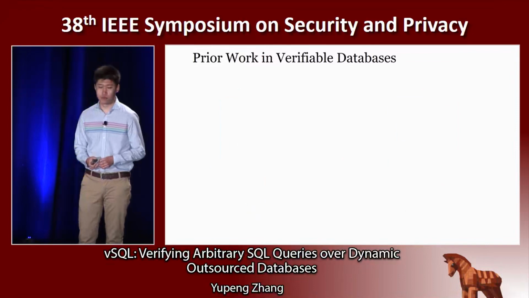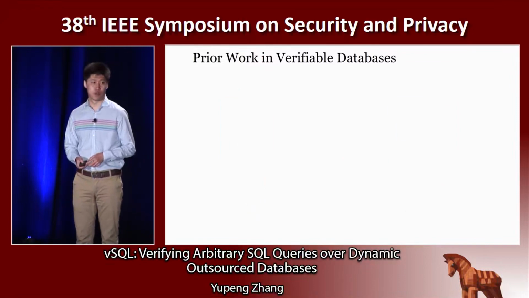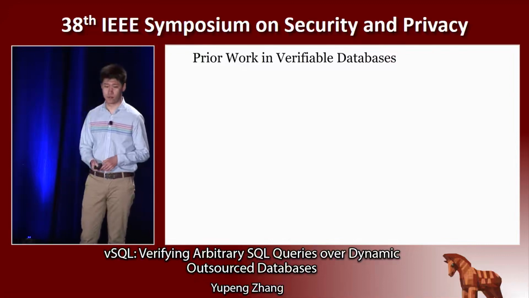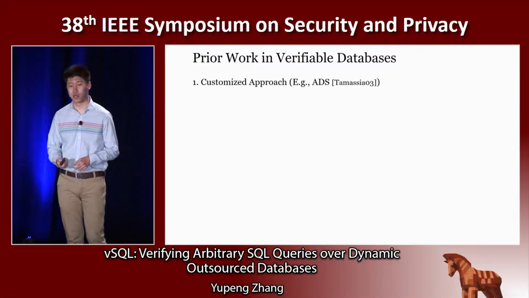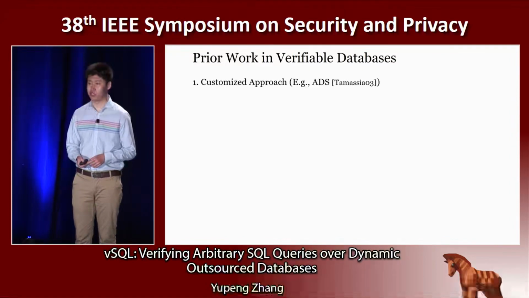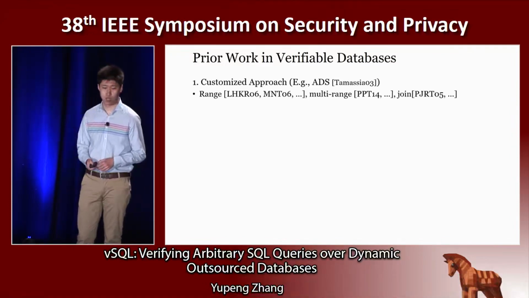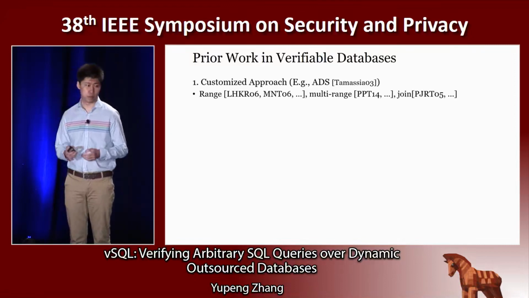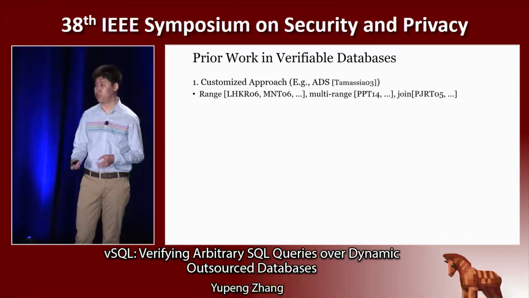There is a lot of great prior work in the literature of verifiable computation, and it can be roughly classified into two categories. The first one is called the customized approach, and the representative example is authenticated data structures, ADS. For example, there is a lot of work supporting range queries, multi-range, and join queries individually.